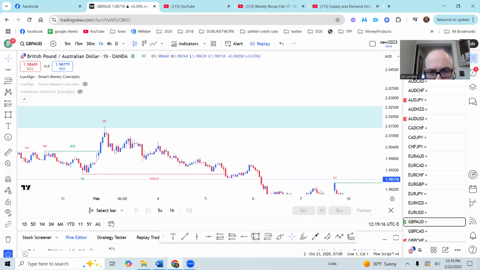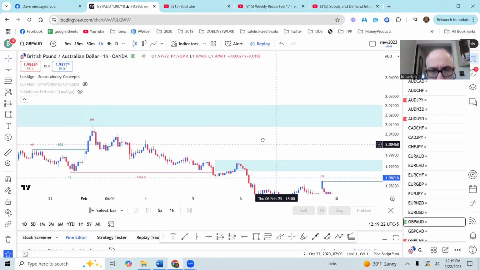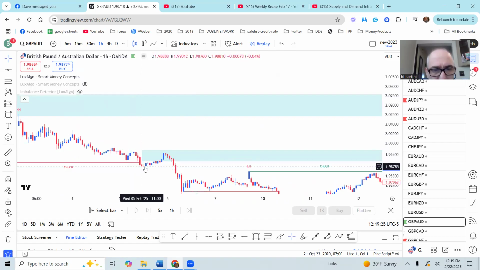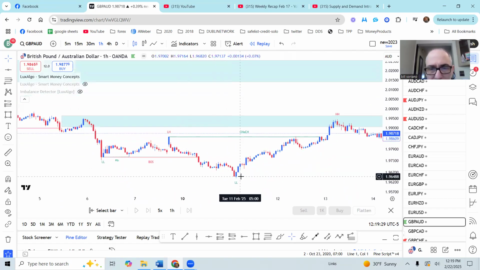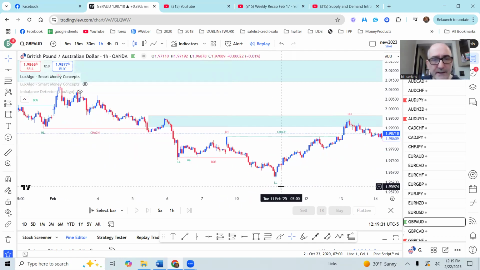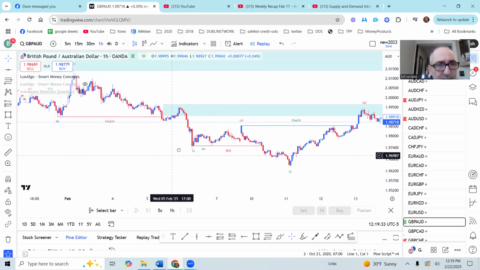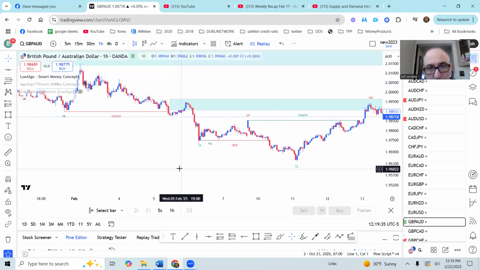This potentially here could be a valid refined area. Again, you'd have to use these wicks here. So it comes down, price comes back in, and then makes a move down here. So you do have an opportunity to potentially take a trade here if you drop down to the 1 hour time frame.